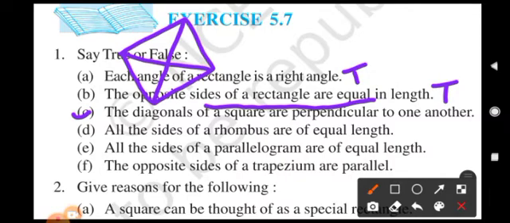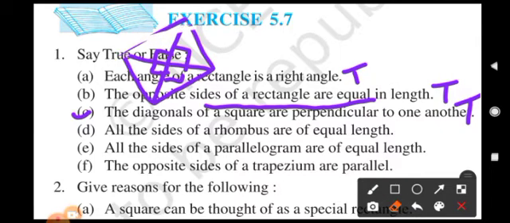Perpendicular means they bisect perpendicularly, forming 90 degrees to one another. So is this true or false? This will be true, because you can see here they are forming 90 degrees. All are forming 90 degrees.